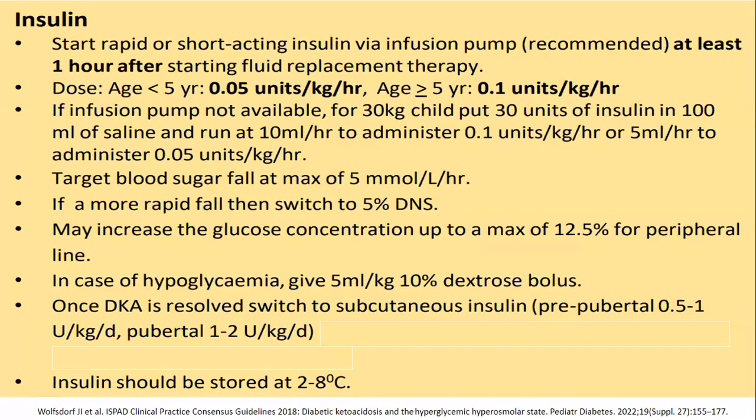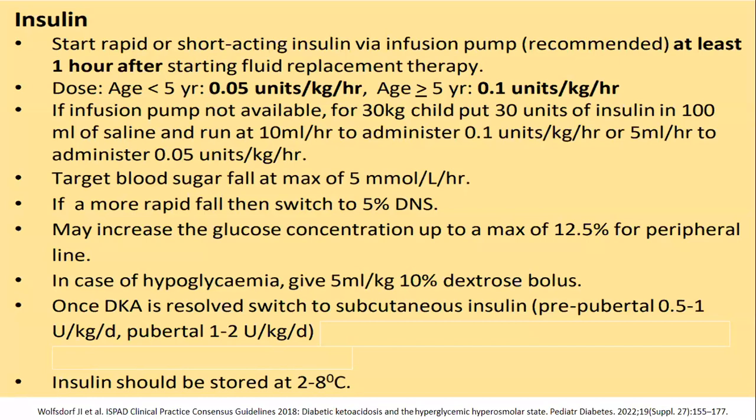The other way is you can take an equal dose, like 50 units of insulin, and add 50 units of normal saline or water for injection, such that you have a 1-to-1 dilution of the insulin. That way it will be very easy for the person who is managing this child to calculate the dose.